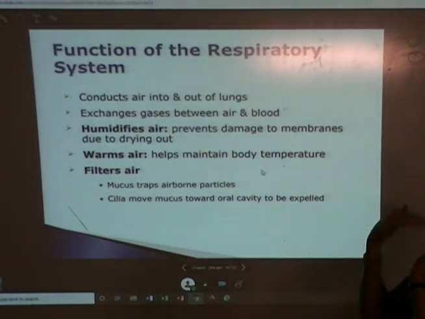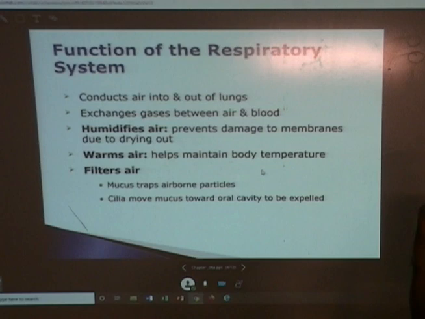So one of the reasons we want to try to breathe through our nose more is that we've got these little cilia in our nose that can filter out some airborne particles, dust and things like that. And then that comes to the oral cavity and gets expelled. We cough and it comes out.